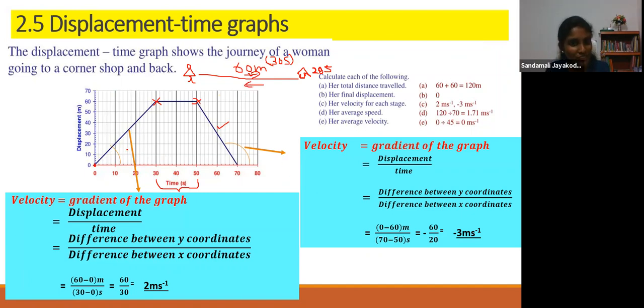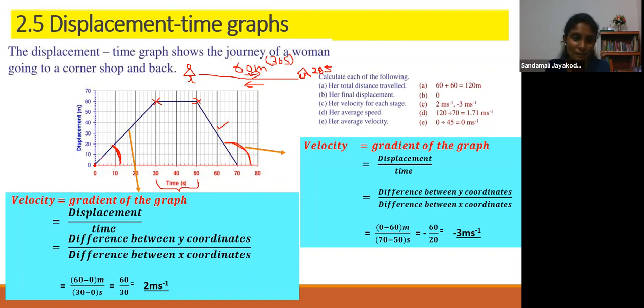When we look at this, it's a small angle, but this angle is larger than the previous angle. We know that the gradient of this displacement time graph gives us the velocity.